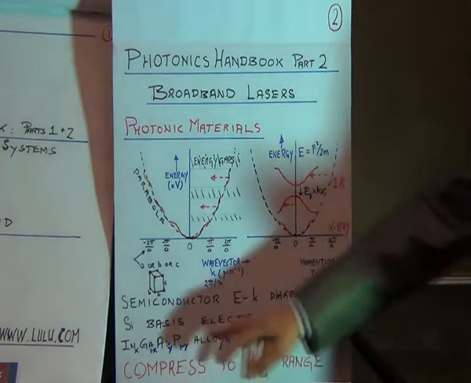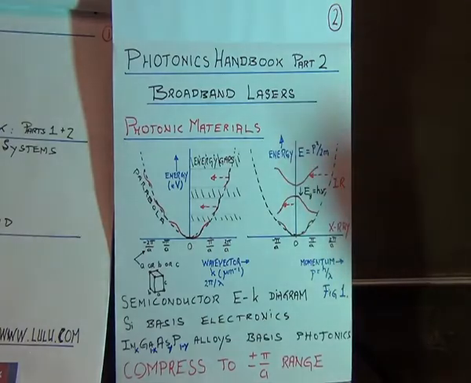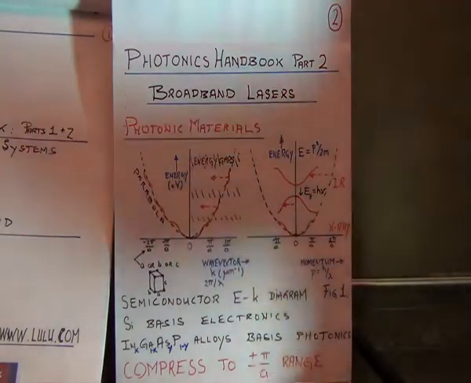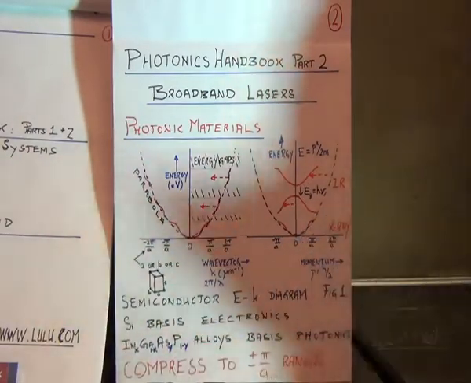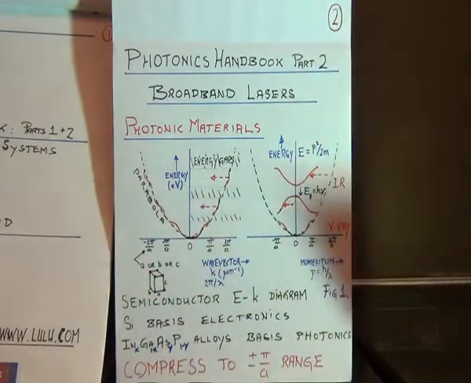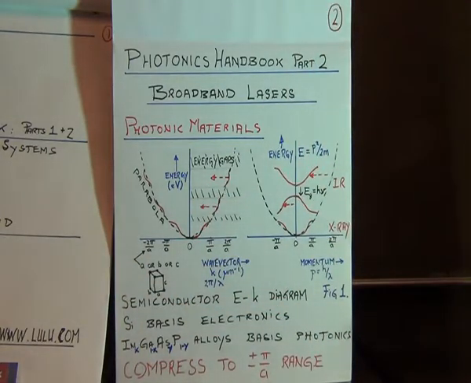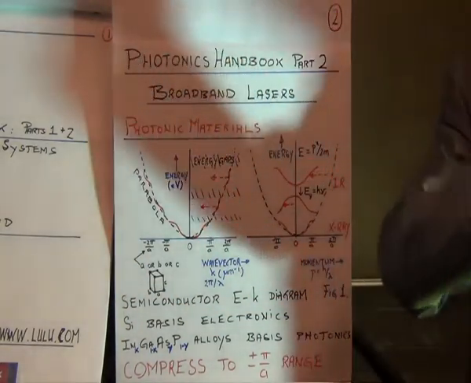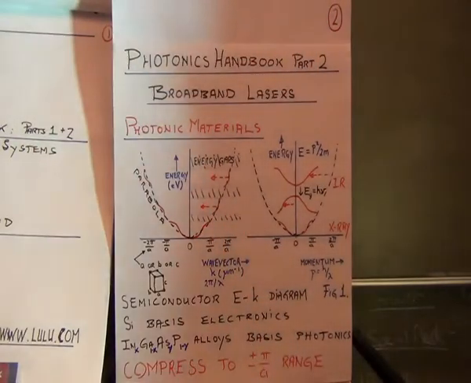So silicon is in group 4 of the periodic chart. 3-5s comprise something like, say, gallium arsenide. Gallium is in group 3 and arsenic is group 5. And these materials have a band diagram that does work and will, as we say, luminesce.